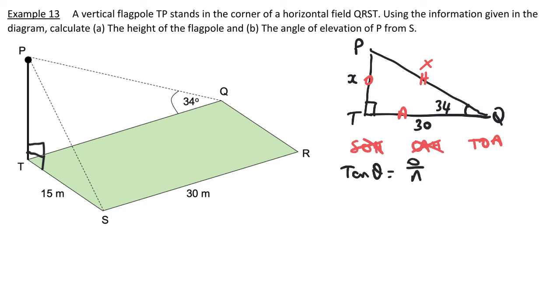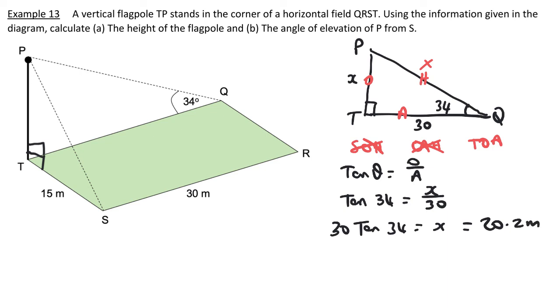It's the opposite over the adjacent. So tan of 34 is x over 30, multiplying by 30, we get 30 tan 34 equals x, which is 20.2 metres to 1 decimal place. And that was 20.235 to 3 decimal places.